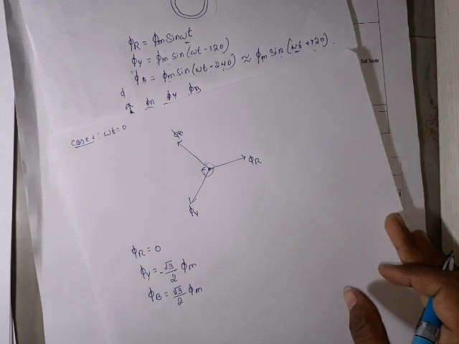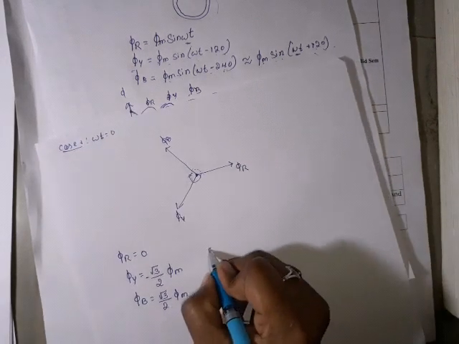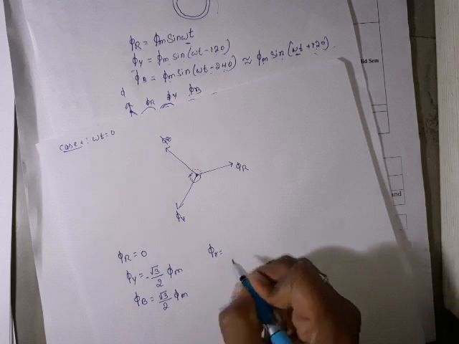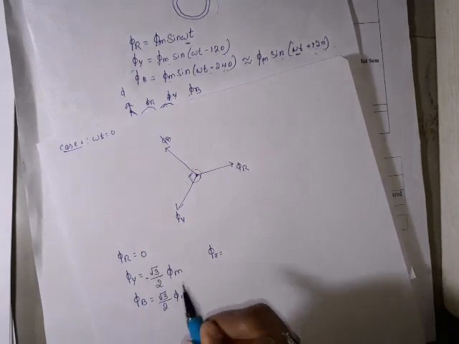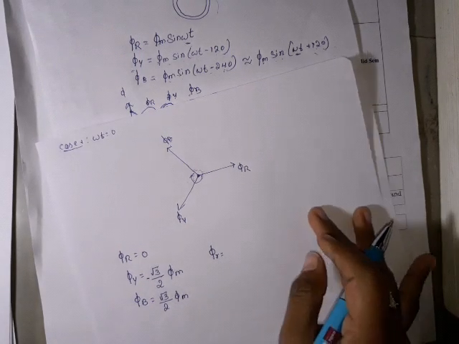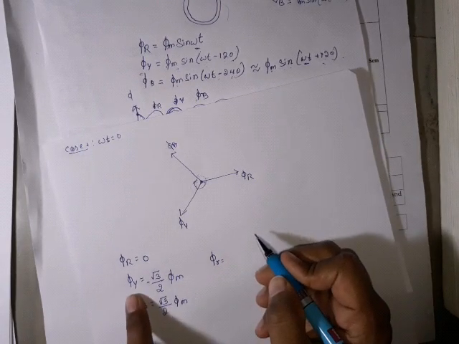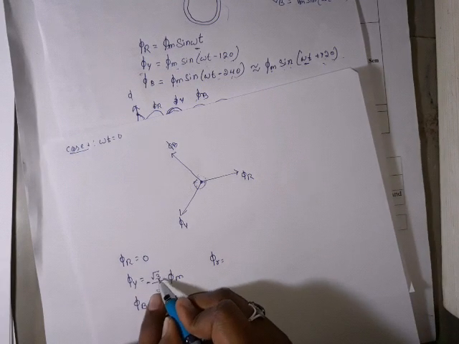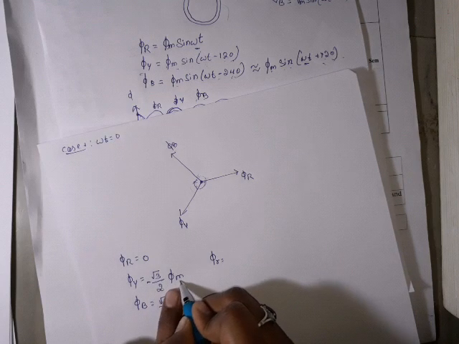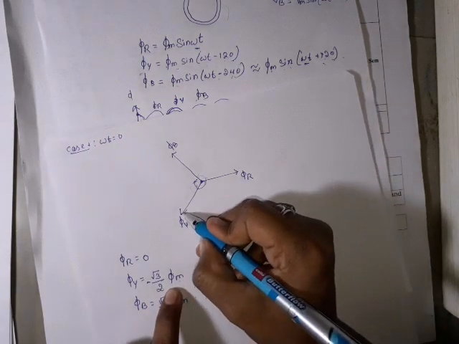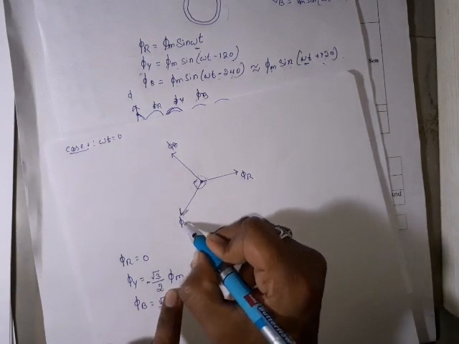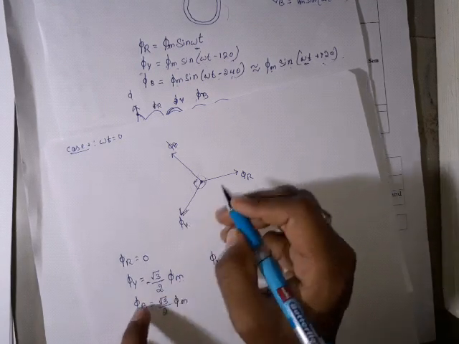Now we can alter the vector diagram to get the resultant flux. What is the resultant flux? Phi r is equal to the vector sum of these two. We have to do a vector sum, not a scalar sum. Okay. What is the value of phi y? Phi y is minus root 3 by 2 times phi m. Here we have phi m. This is positive phi m. What is the magnitude of this phi y?